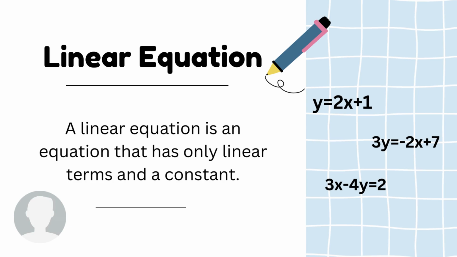If you notice, the equations have only linear terms. They don't have any non-linear terms inside, and also they have a constant. And the arrangement of the variables is varied. You can arrange them according to what is needed when you do the solving.